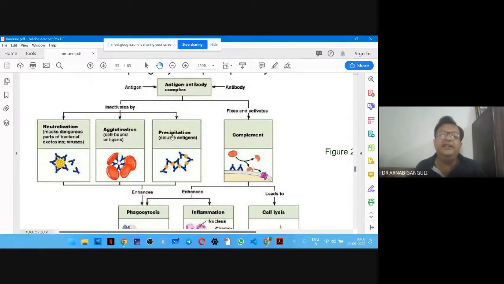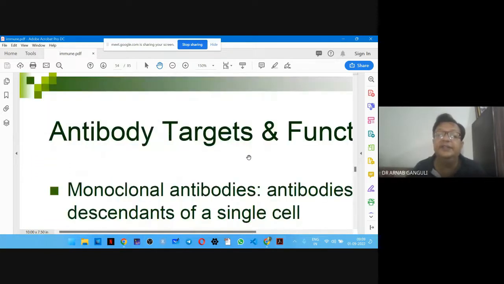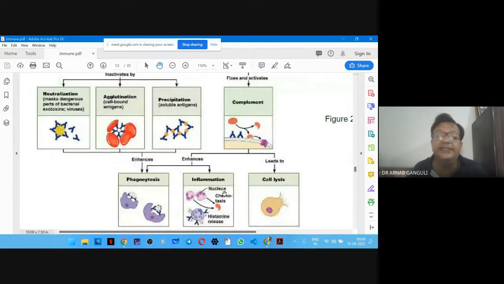Then soluble antigens are held by the antibody and precipitated out. Then it fixes the complement. Once the antibody binds, the complements come, activate and fix it, and this leads to cell lysis. These things together enhance phagocytosis and inflammation.